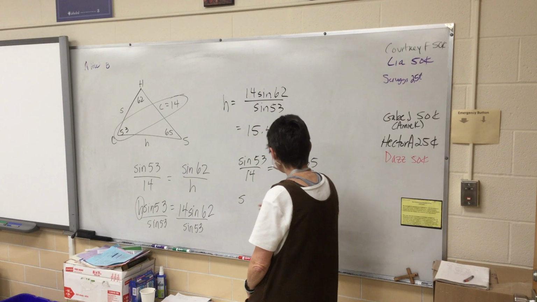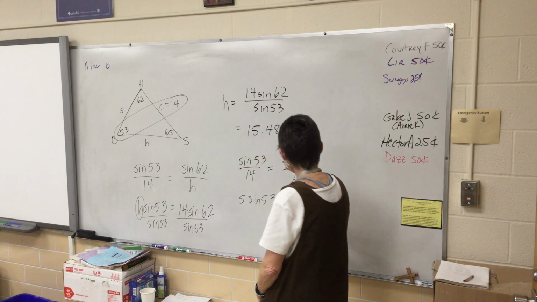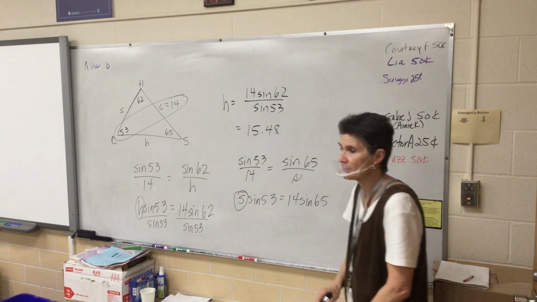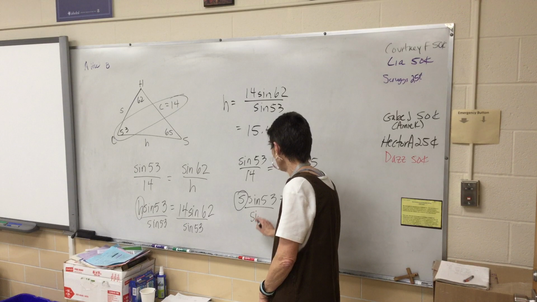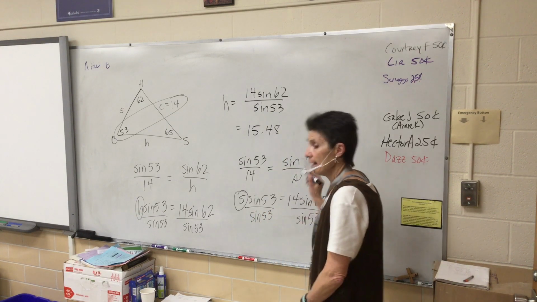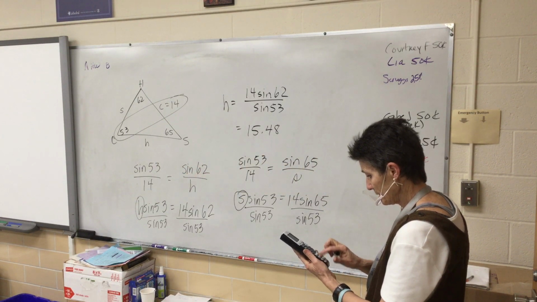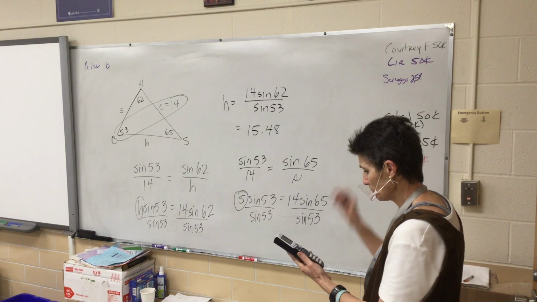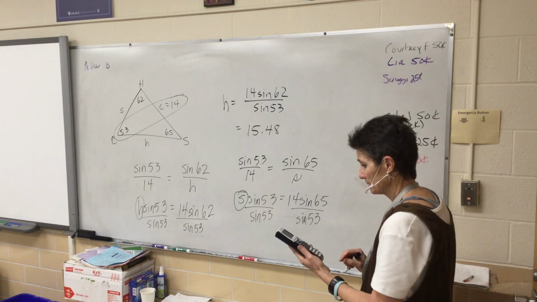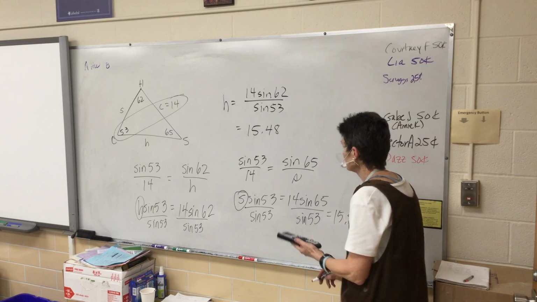It's an S. So S sine 53 equals 14 sine 65. S is your variable, so you're going to divide by sine 53. And that's what you're going to type in, right? So 14 sine 65, close parentheses, divided by sine 53 is 15.89.